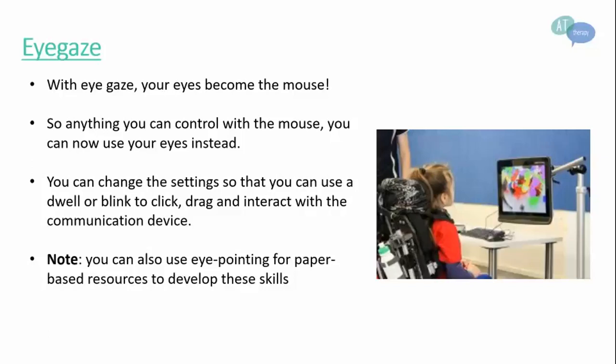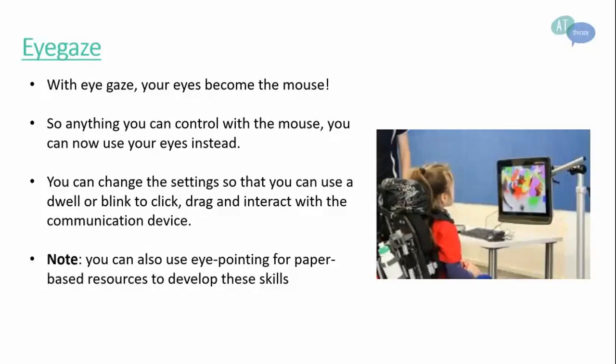So dwell just means you need to hold your gaze on that same spot until you activate it, or a blink is obviously blinking the eyes together. There's other functions you can do like dragging and zooming and things like that, but typically just clicking or replacing a click with the eyes, with the eye gaze.